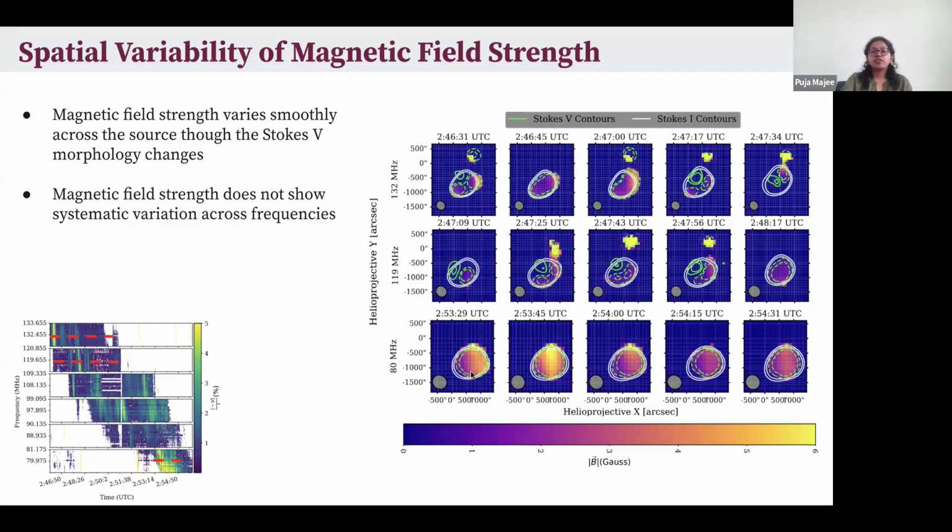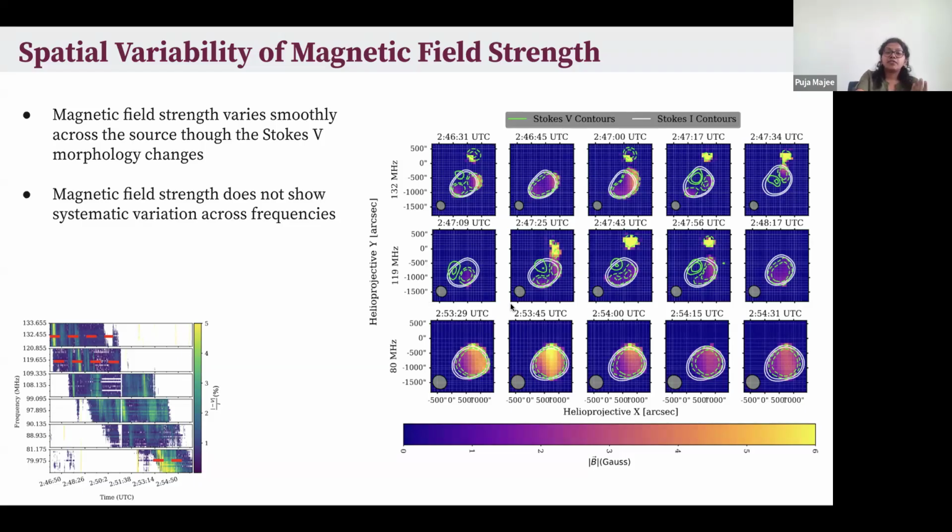But as I said, these are plasma emissions, so the higher frequency is coming from lower height and the lower frequency is coming from higher height. Therefore, at the lower height, which means the higher frequency, we should see higher magnetic field strength, and at the lower frequencies we should see low magnetic field strength, which we don't see here. Now, what could be the reason for that?